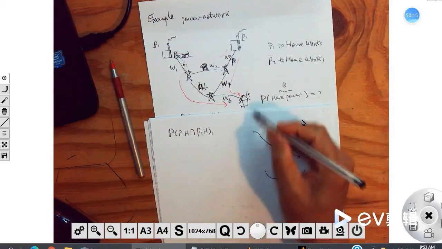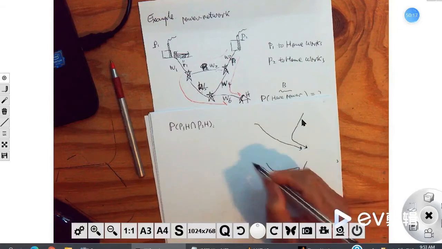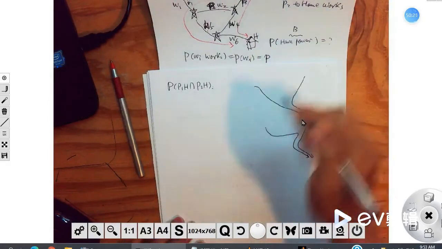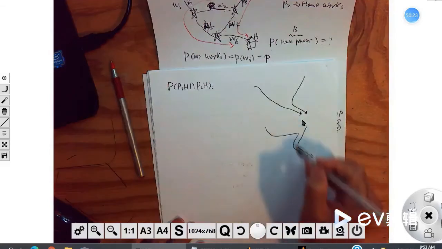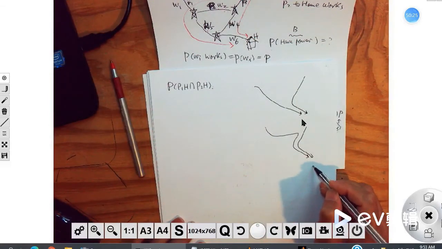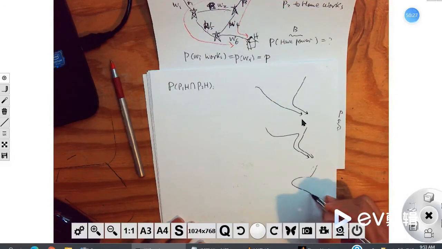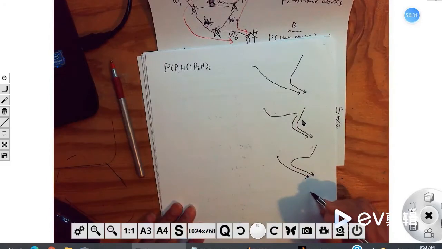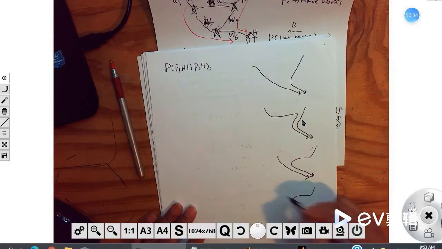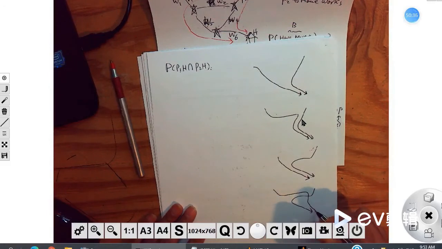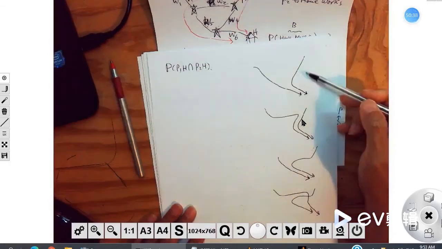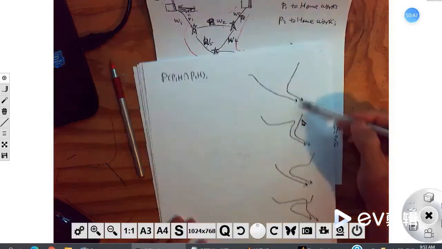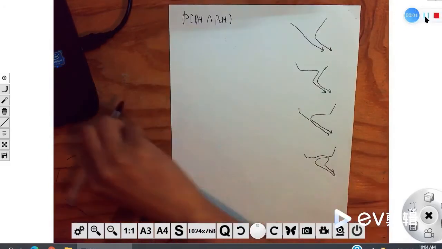And totally we have 4. Symmetrically we have 4, right? So this one go this way and go this way, and this way work and this way work. So we have 1, 2, right? Each one you have 2 paths, so totally you have 4 paths, 4 combinations.